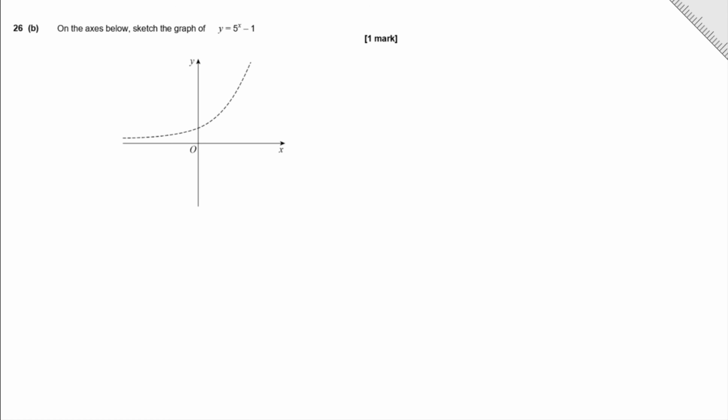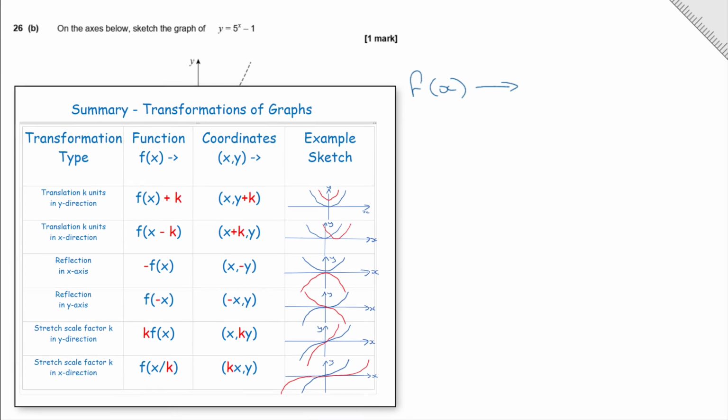Now part B, I've got y equals f of x becomes y equals f of x minus 1. So this is f of x goes to f of x plus k, isn't it? I have my original function f of x, and I am adding k to it, in which case k is minus 1.